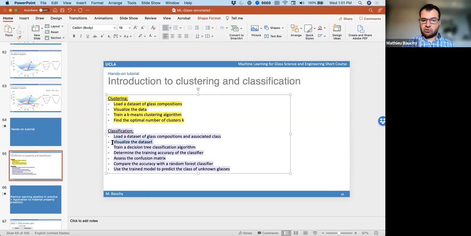Then you can visualize the data set, see what you can learn by just plotting the data, plotting the distribution of the variables, etc. Then, just like what we did, you can train a decision tree model that is going to try to classify those glasses into different classes.